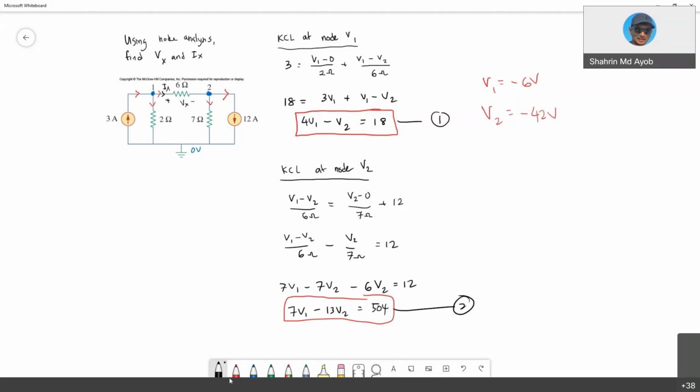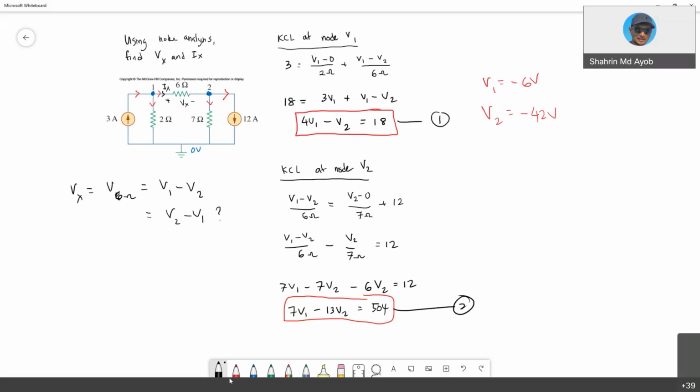So Vx, as you can see, is the voltage drop across the 6 ohm resistor, right? And this is actually a voltage difference between V1 and V2. Maybe you want to ask me, why not V2 minus V1?